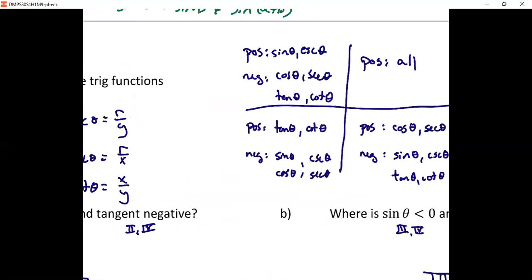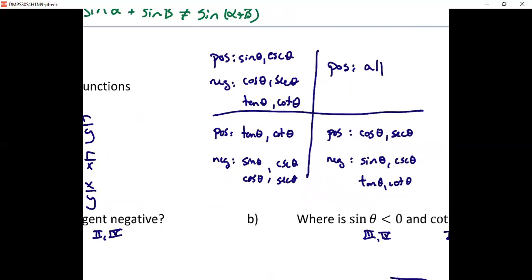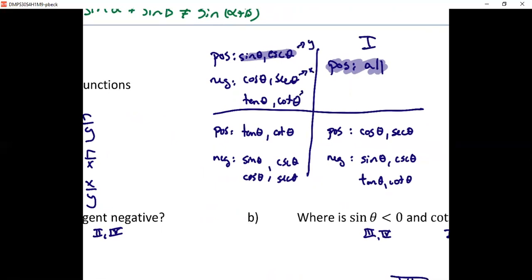Now, what that allows us to look at is all the trig ratios are positive in quadrant 1. In quadrant 2, however, only the sine and the cosecant are positive because both of these are associated with the y values. Both of these are associated with the x values, so they're negative. And both of these are associated with slopes, so they're negative.